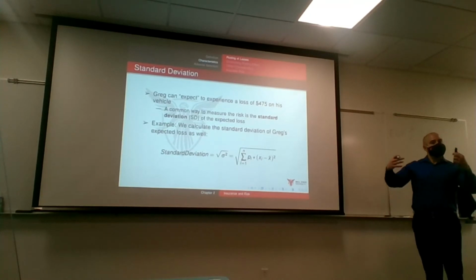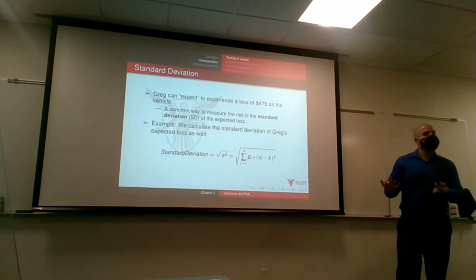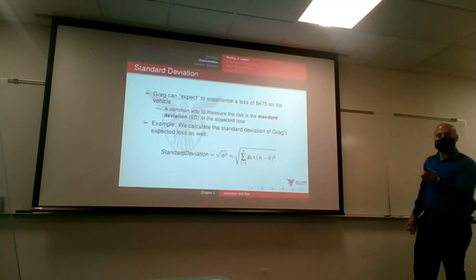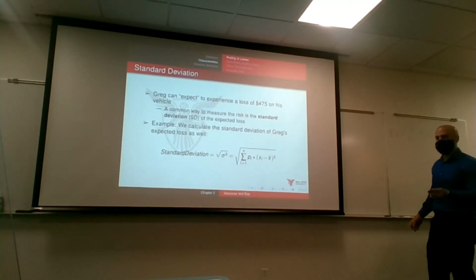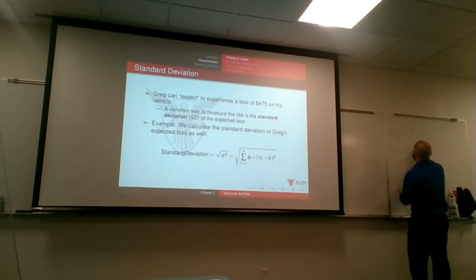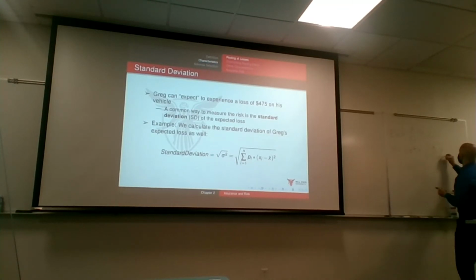One, with variances we tend to get very large numbers, and it's also squared units. We take the square root of that, and we're back to our normal units, which would be dollars here. But deviation or variance would also tell us very much the same thing.